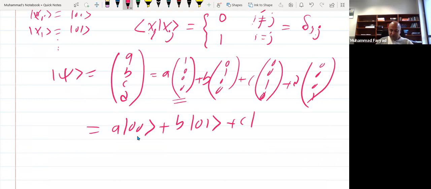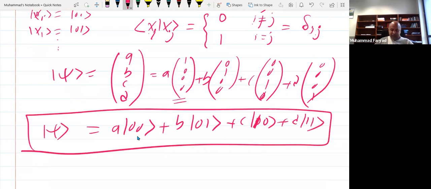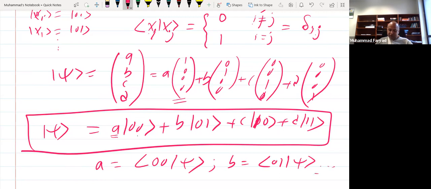This 0, 0, 1, 0 is |10>, and this 0, 0, 0, 1 is |11>. So it means, first of all, that I can express any state psi in Dirac notation using these basis states. Where if we want to find out what A is, A is nothing but the projection of psi on |00> state. B is nothing but projection of psi on |01> state, and so on.